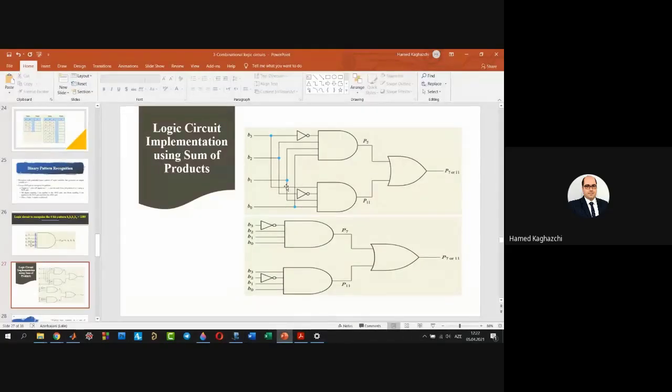If you look at here, you can design and draw your circuit like that and also like that.